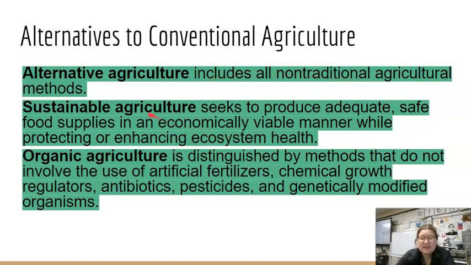So it's doing it in a more sustainable way. That is not directly regulated. What is regulated is organic agriculture. Organic agriculture is distinguished by methods that do not involve the use of artificial fertilizers, chemical growth regulators, antibiotics, pesticides, or genetically modified organisms. And this is regulated. If something says it's organic, it means it's organic. If something says it's sustainable or says that it's natural, that's not a regulated term.